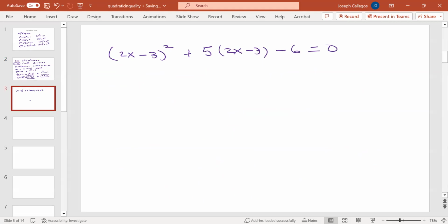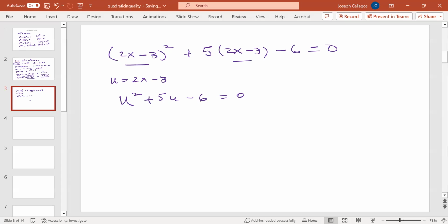And so if I introduce a new substitution, we would have u is equal to 2x minus 3, because that's the thing that's being repeated, right? And being in quadratic form. So then the equation has form u squared plus 5u minus 6 is equal to 0.